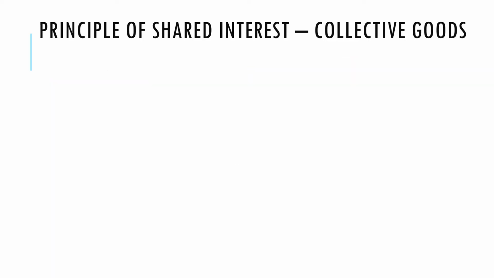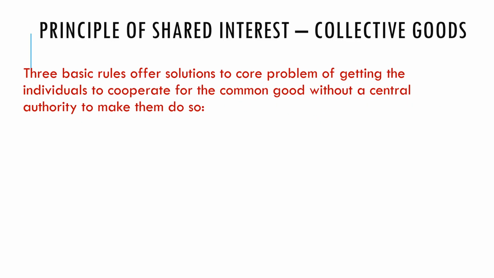Now, of course, the principle of shared interest would involve three basic rules. Basically, the principle of shared interest, or the collective goods, offers three different solutions, or three different ways in which actors can cooperate for the common good without a central authority to make them do so.